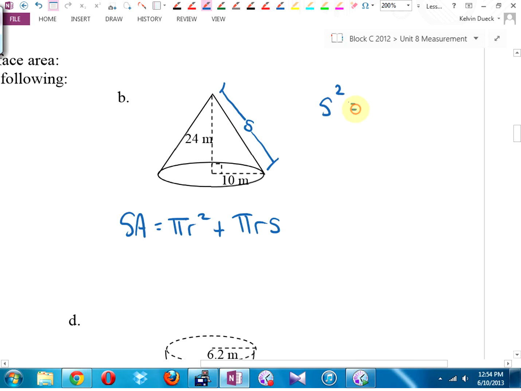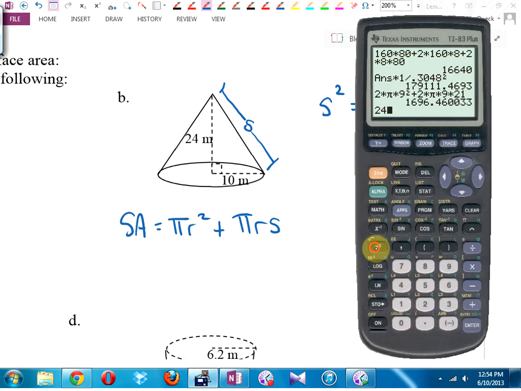S squared is going to be 24 squared plus 10 squared because it's a hypotenuse. By the way, Anthony, they could also have given you this and made you find the radius. If they didn't tell you that, you'd have to subtract using Pythagoras because they gave you the hypotenuse. That would be fair game. 24 squared plus 10 squared equals 676, square root.